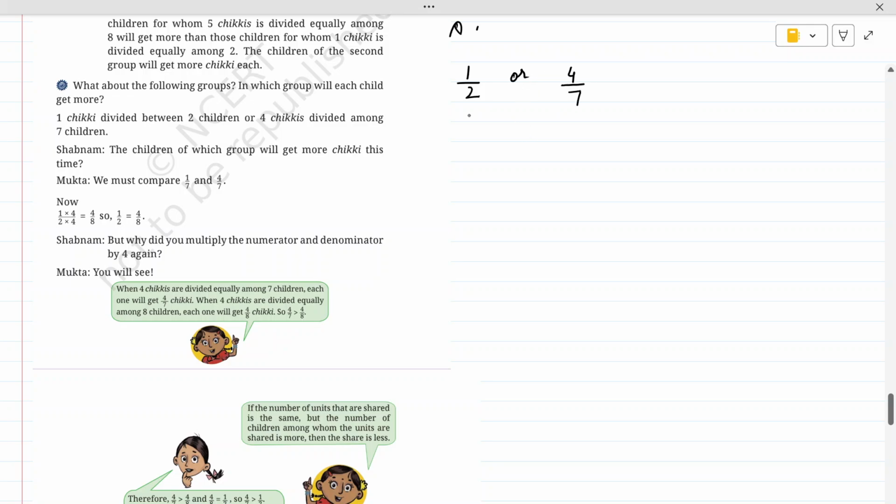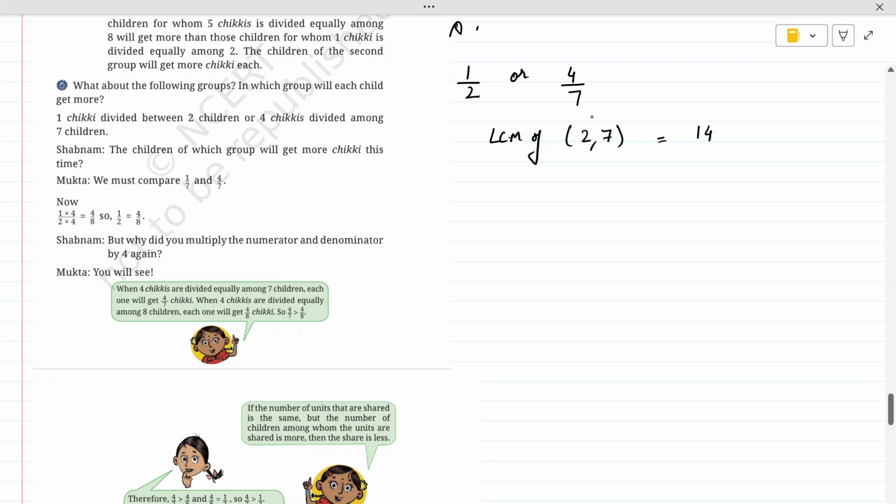Okay, so kids, here we cannot make them same. So what we have to do, we have to take the LCM of the denominators of both the fractions, 2 and 7. And since we know both of them are prime, so the LCM will be 14.